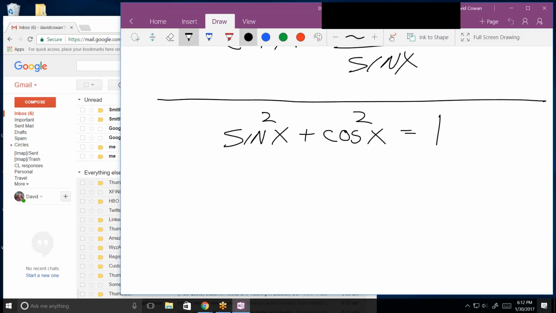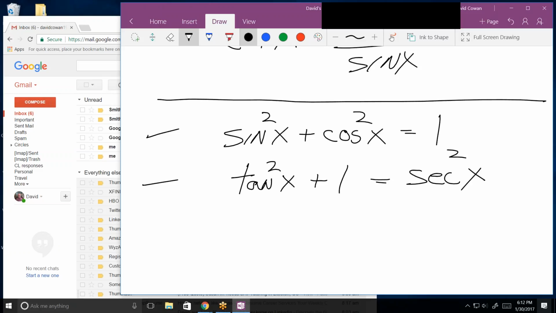There are 3, and the next one is maybe the toughest one. I'm not sure why it's tough to remember, but it doesn't follow the same pattern. This one is tangent squared plus 1 equals secant squared. Work on memorizing that one, and of course that one.